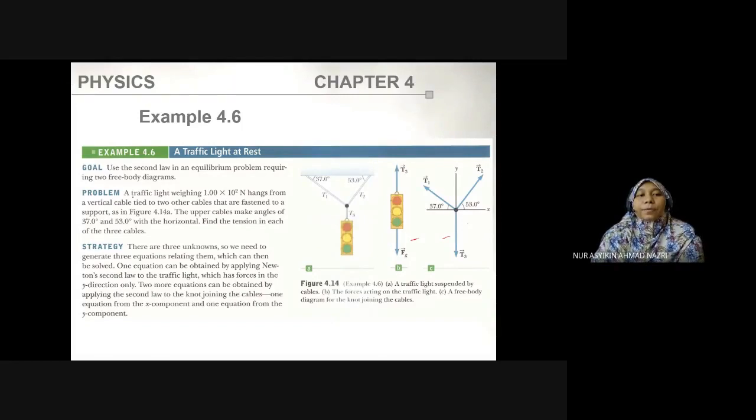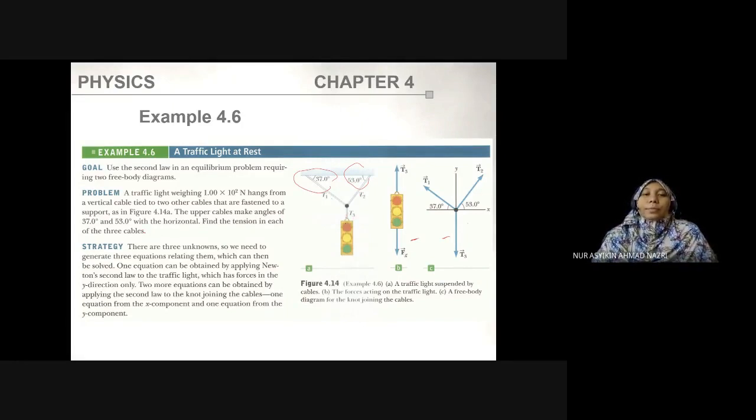So a traffic light weighing Newton hangs from a vertical cable tied to two other cables that are fastened to a support. The upper cables make angles of 37 here. So dah ada gambar, mudah sikit. Kita dah tahulah T1, T2, T3. Find tension in each of the three cables.